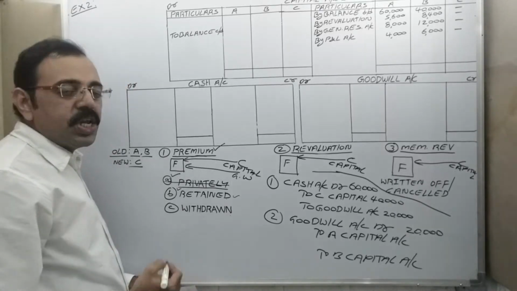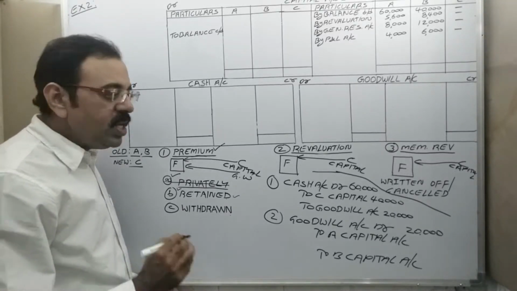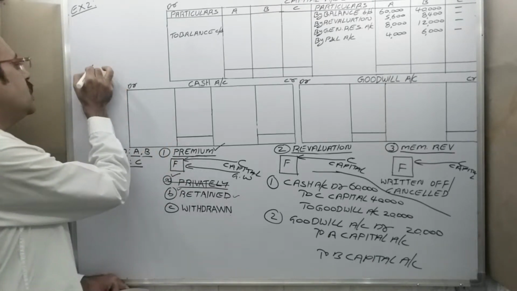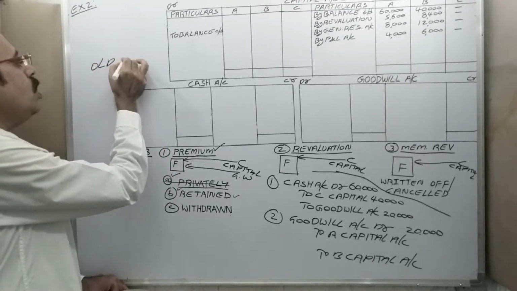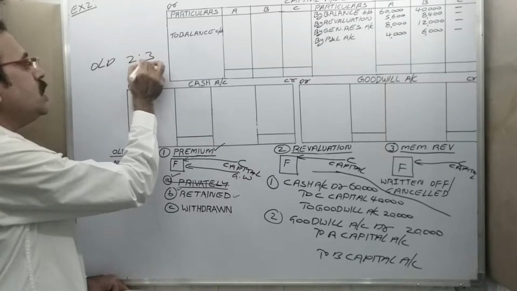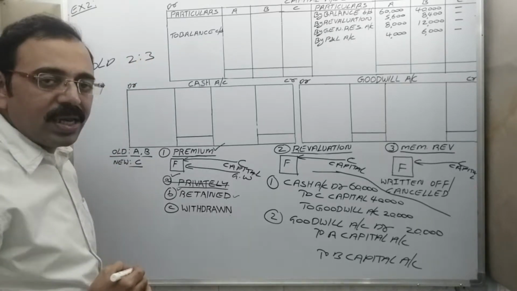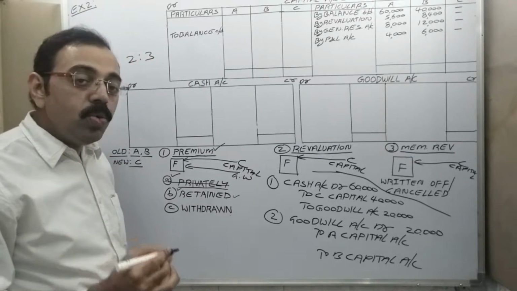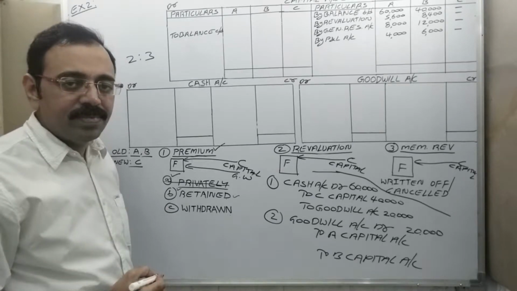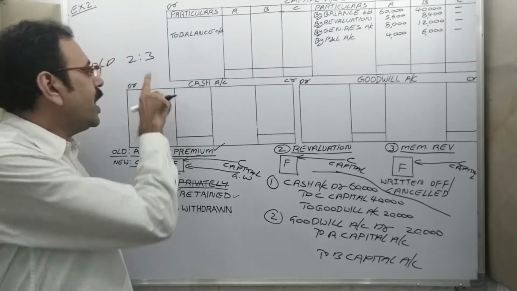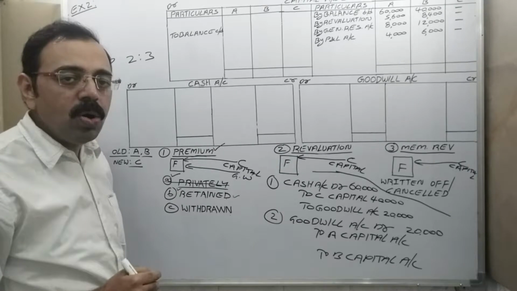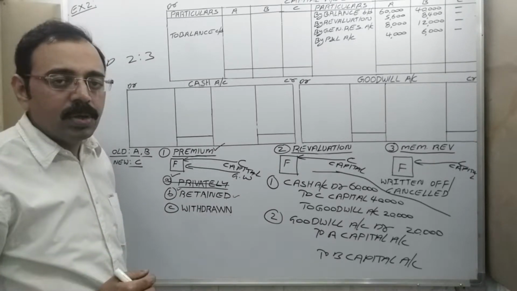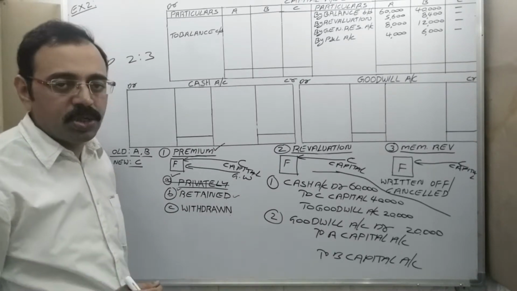Now, what is the sacrificing ratio? In this question, the old ratio is given. Old profit and loss ratio is equal to 2:3. If the new ratio is also given in the question, then we should calculate the sacrificing ratio by using one formula: old ratio minus new ratio.